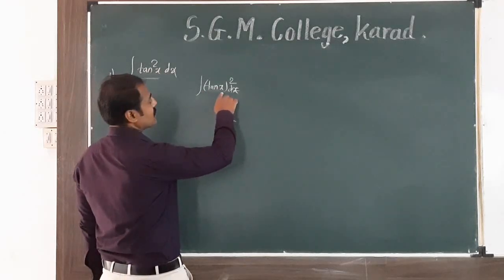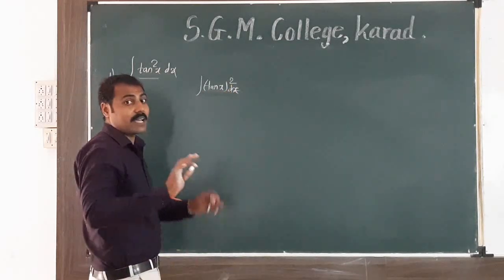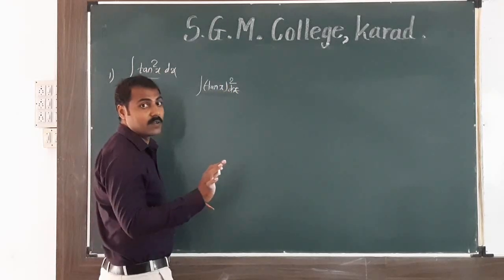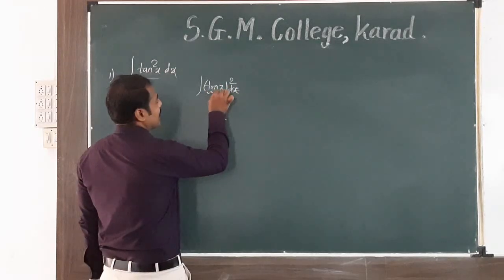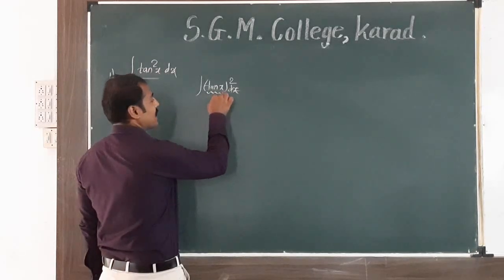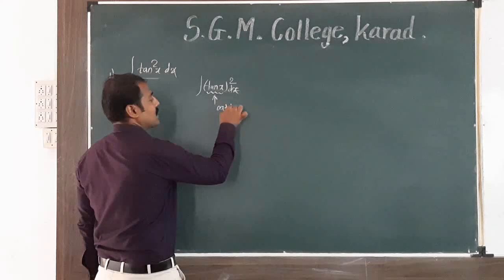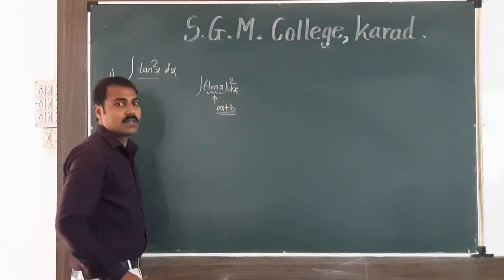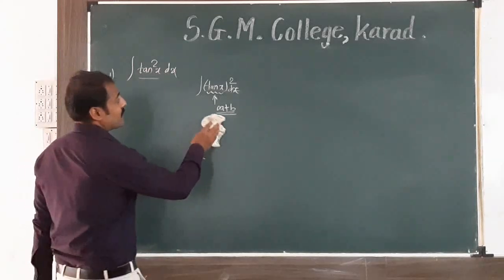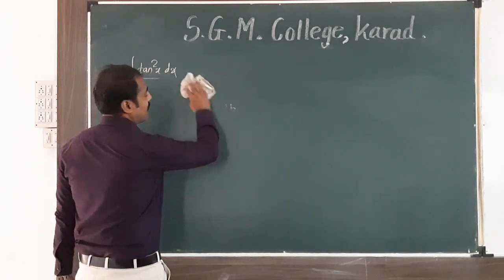So integration of tan square x cannot be written as tan cube x divided by 3. Why? Because here tan x is a trigonometric function. If there is a linear expression ax plus b, then we use the formula of x raised to n. So don't write this as tan x bracket square and don't integrate.